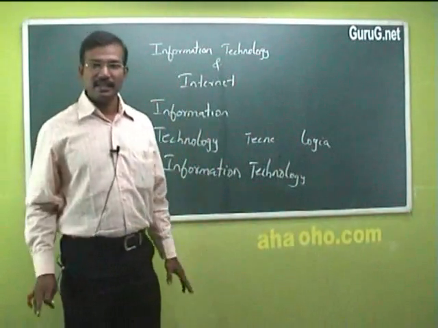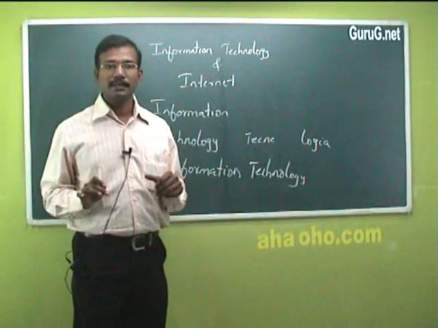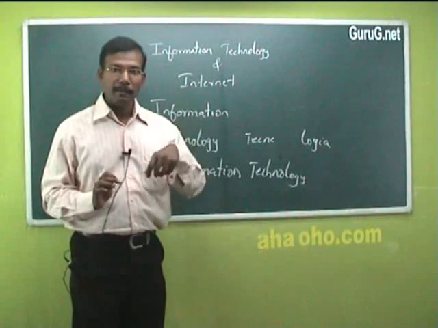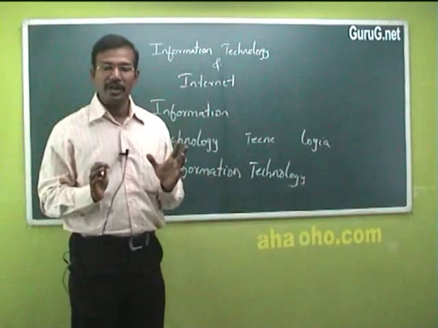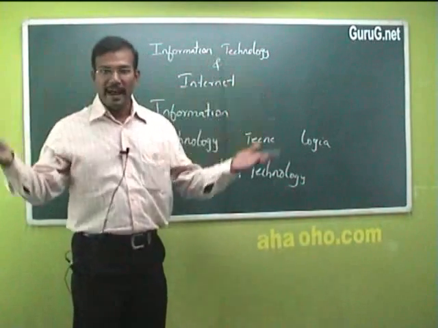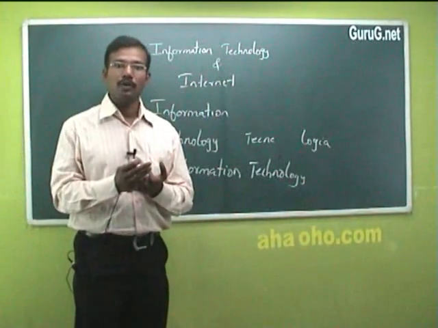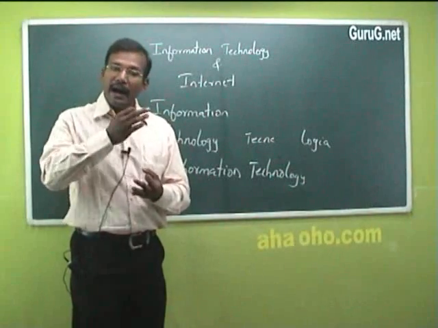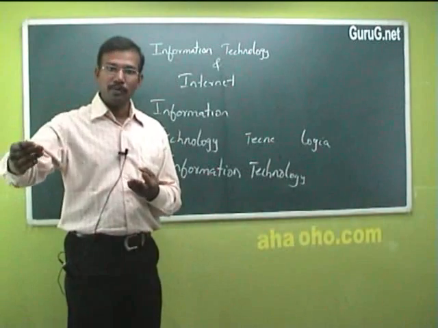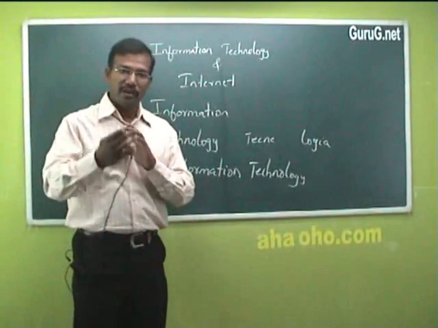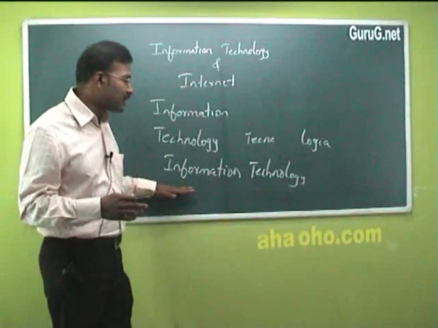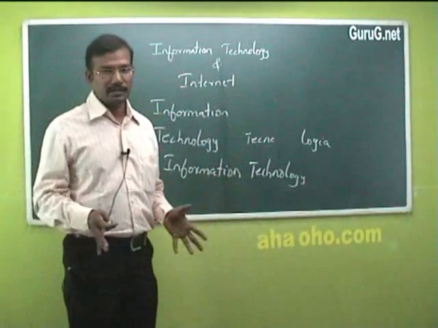This combines computers and telecommunication, and it provides a platform to store, modify, and process data and give the output to the end user in the required form. So information technology allows us to perform these things.